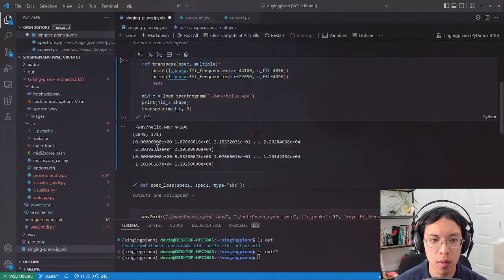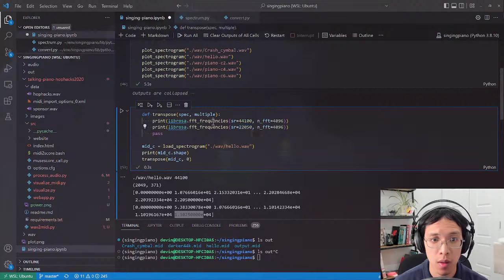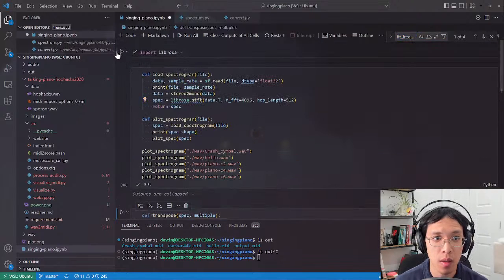Okay, so we've gotten two outputs here. Interesting. Okay, so the first one goes up to 22,000 hertz. The second one goes up to 10,000 hertz, and that's because of these signal rates. Right? Okay, so I wonder if this is getting called in the code earlier.